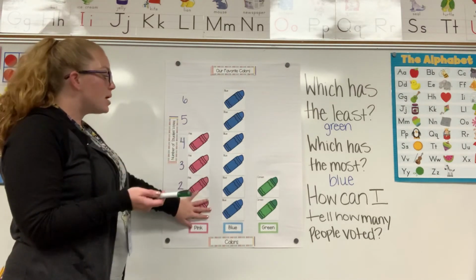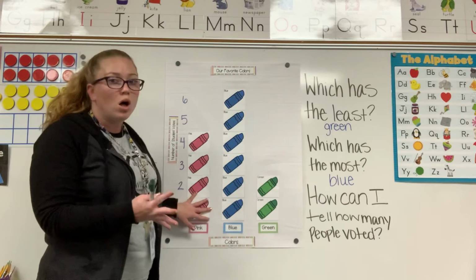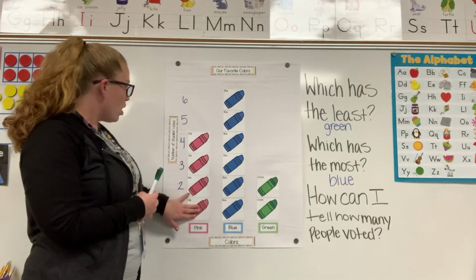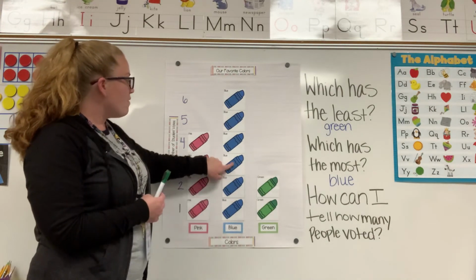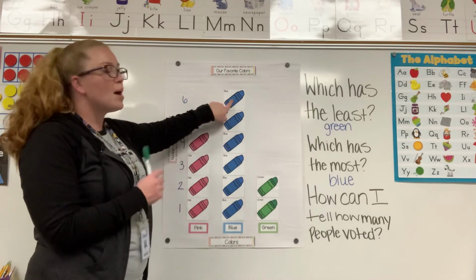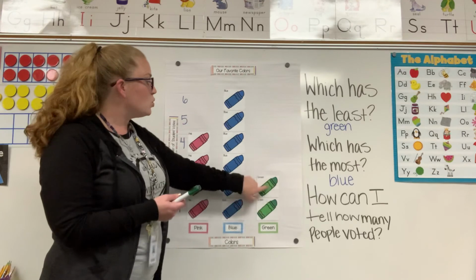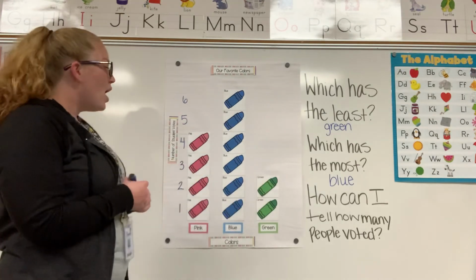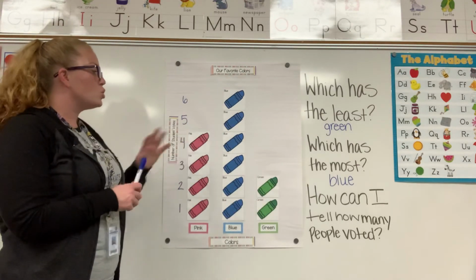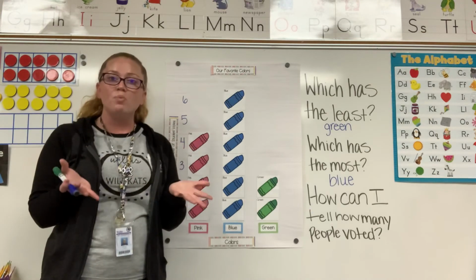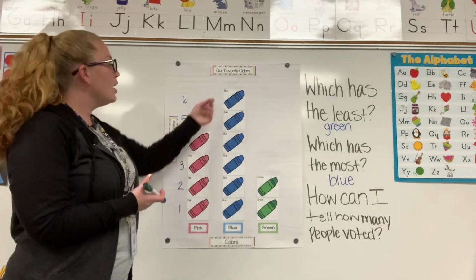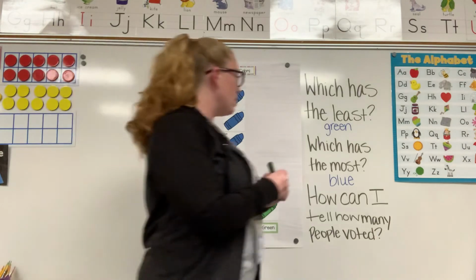But I want to keep counting because I want to know how many all together. So that was 4, 5, 6, 7, 8, 9, 10. And I'm going to keep counting. I'm going to count on. So that was 10, 11, 12. 12 all together. There's 12 total. So that means 12 people voted in this survey. So I'm going to write the number 12.